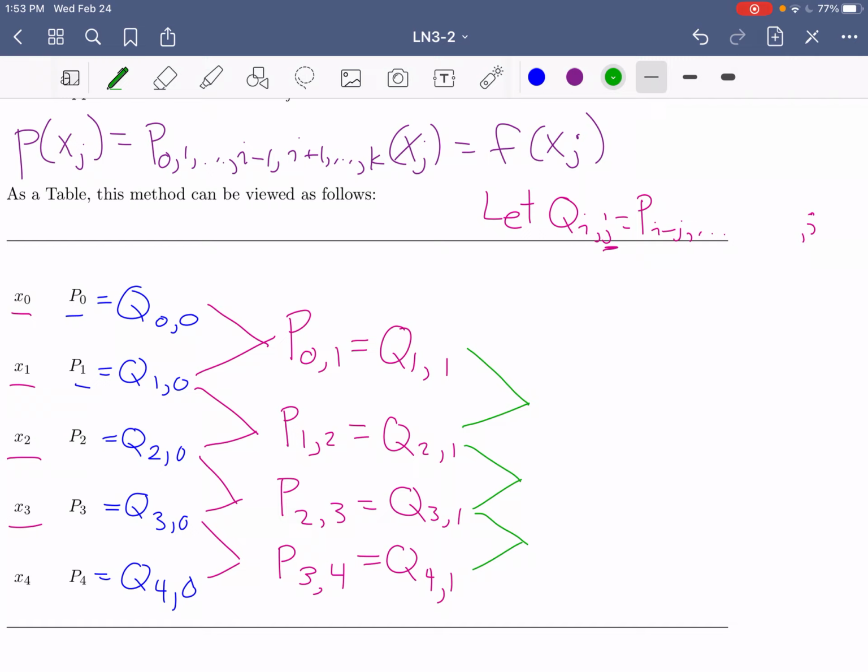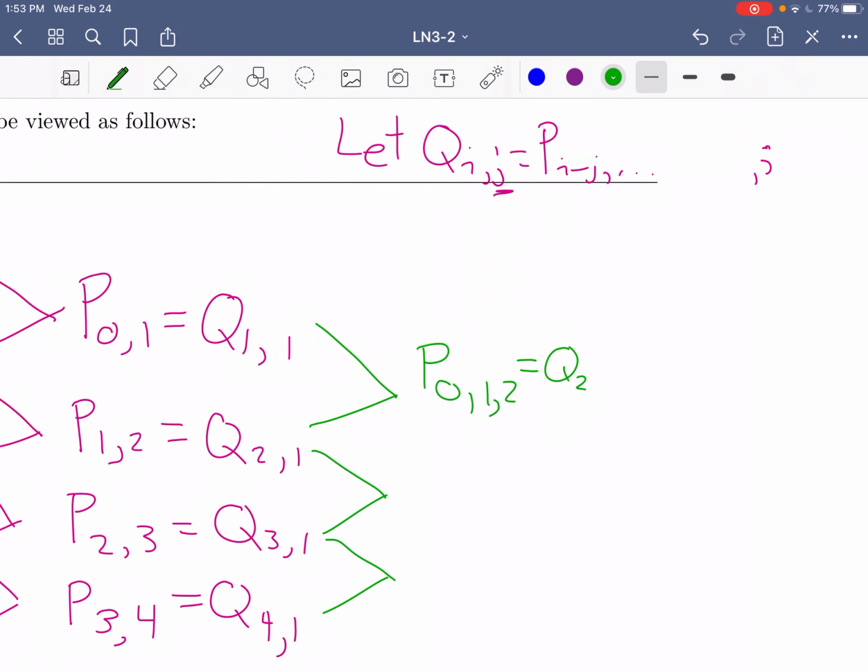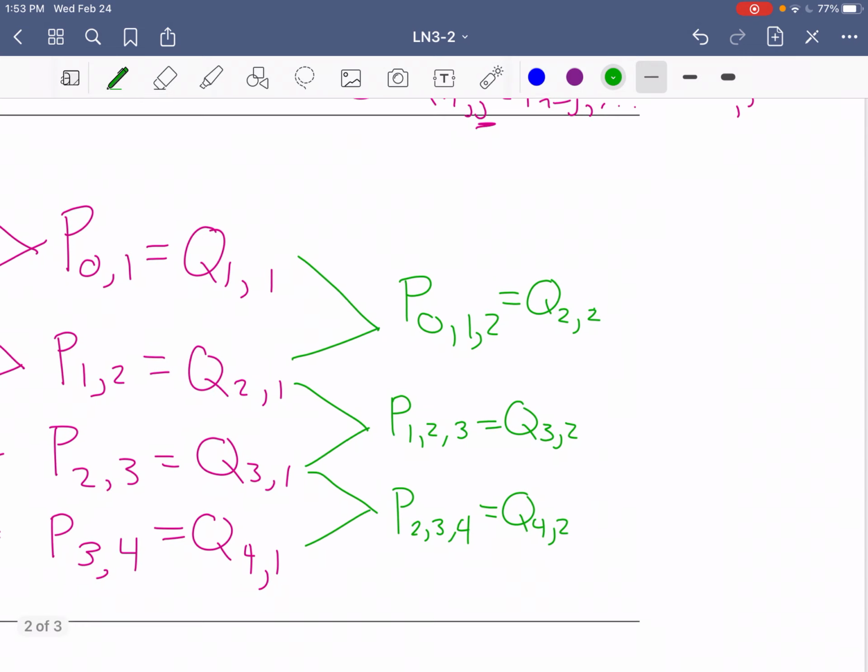When we combine these polynomials, we have a polynomial that now takes into account the points 0, 1, and 2, which we could call ending at 2 and starting 2 ahead of 2. This one is P1, 2, 3. It ends at 3 and starts 2 ahead of it. This one ends at 4 and starts 2 ahead of it.